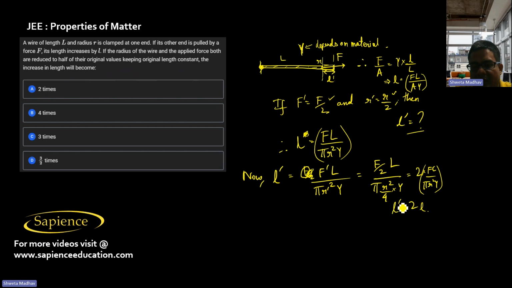So l dash is twice of l. So it means the increase in the length will become 2 times. So option A is the correct answer.